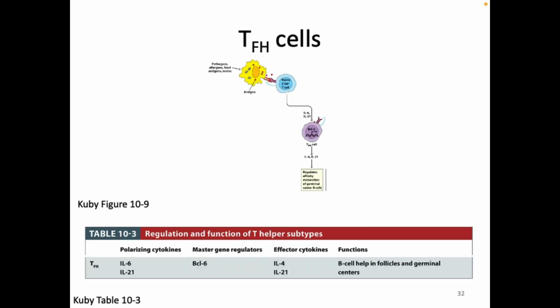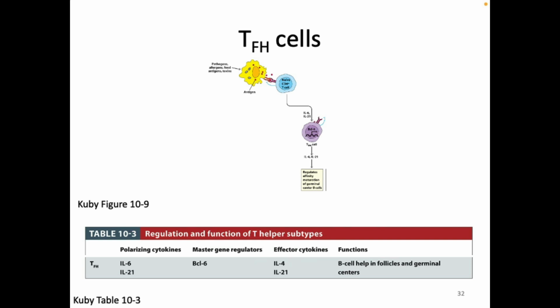One other type that I want to mention here is known as the TFH cell. The name TFH is actually really important in telling us some things about what the cell does. The FH stands for follicular helper.